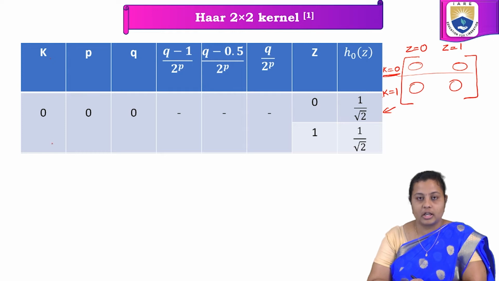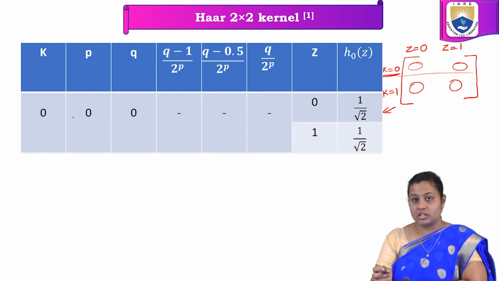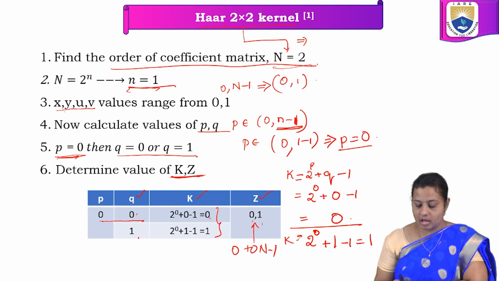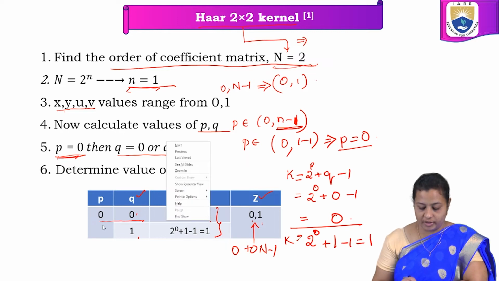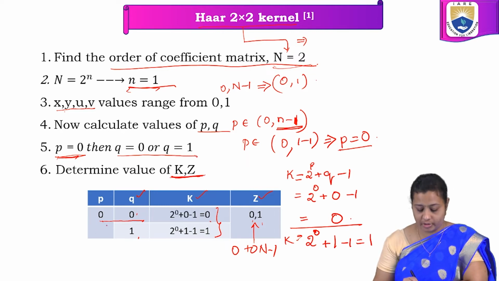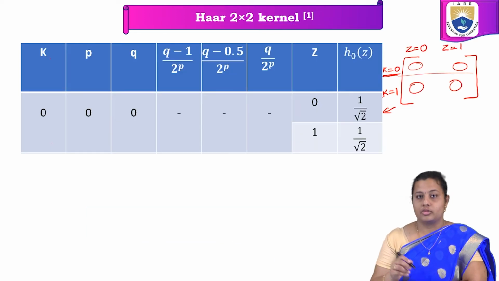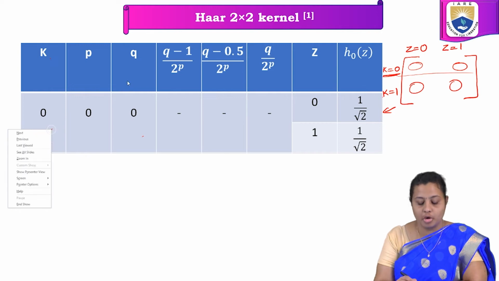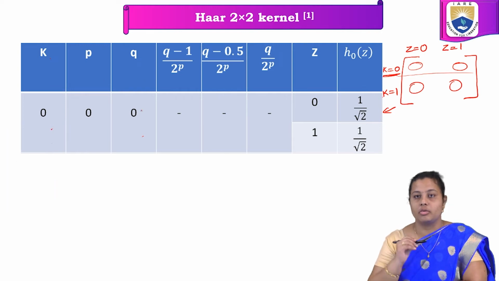So if we see that k is equal to 0, from our previous table, we can see that k is equal to 0 is obtained from p equal to 0, q is equal to 0, right? So let's write it here. Capital K, P and Q. So when capital K is equal to 0, P is equal to 0 and Q is equal to 0.